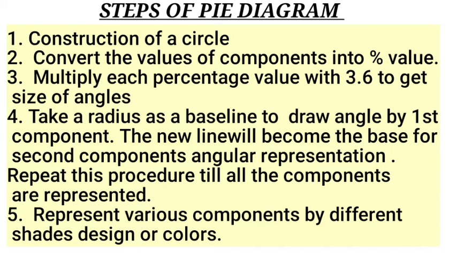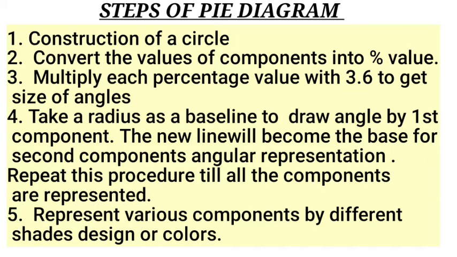So first of all, you have to convert the data into percentage, that is in the form of 100%, and then multiply that percentage by 3.6 so that you can get the angle. You will get defined angles like 60 degrees, 120 degrees, and so on.